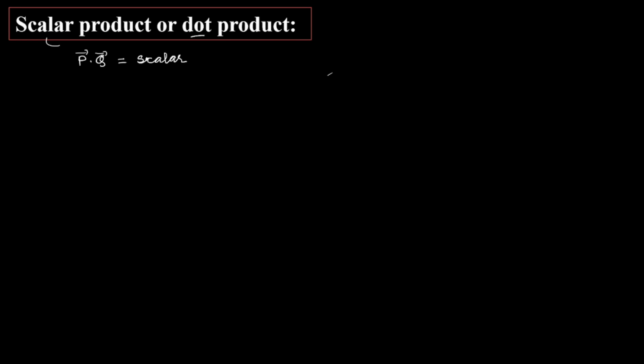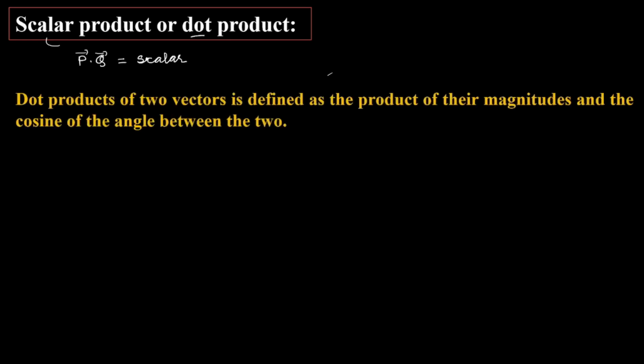Now how is this product defined? The dot product of two vectors is defined as the product of their magnitudes and the cosine of the angle between them. Let us suppose we have two vectors p and q, and the angle between them is theta.